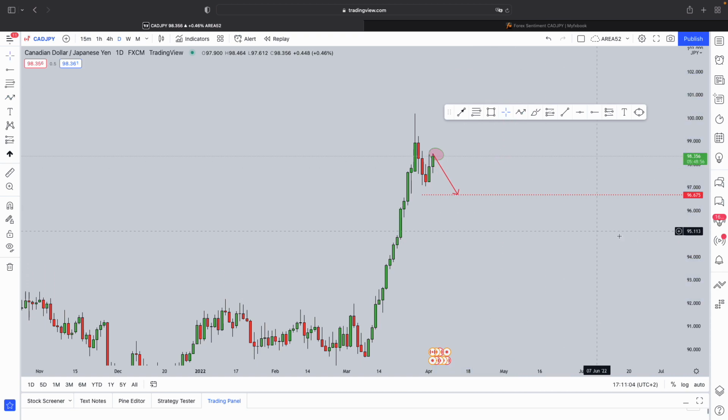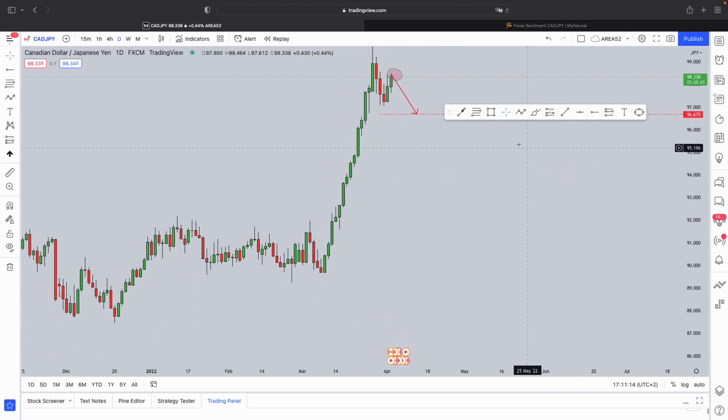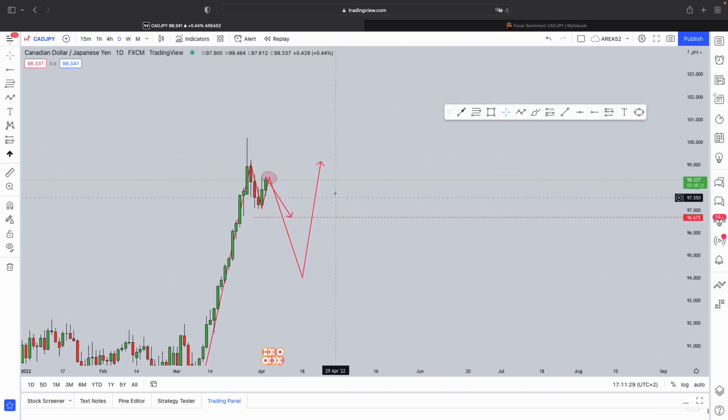We know that the Canadian dollar is going to increase in value, but the last thing you want to do is buy at such a high level. So they are going to take the profit of all of these buy orders that they had in here. You can definitely expect another pullback, hopefully lower, to 94,000 maybe, and then from there we can definitely expect this pair to continue to the upside.